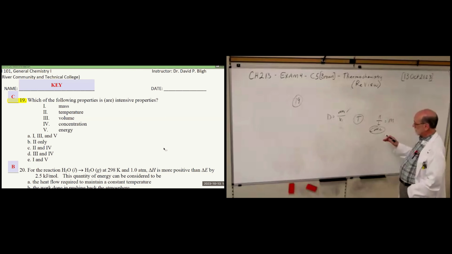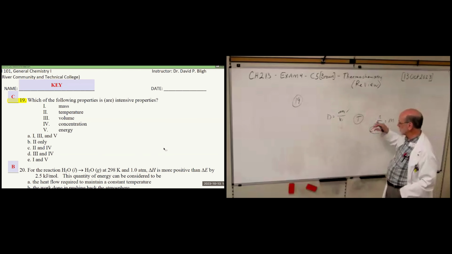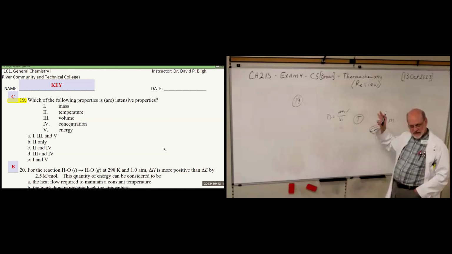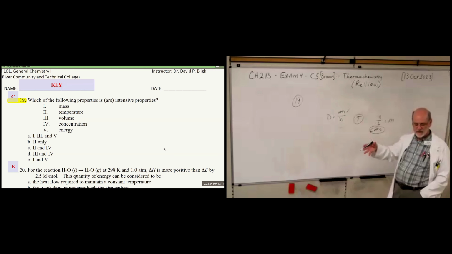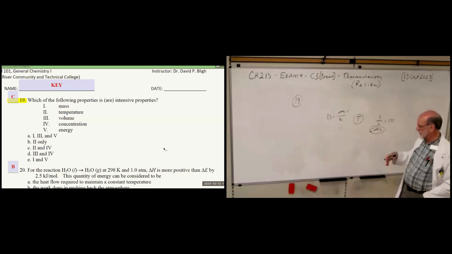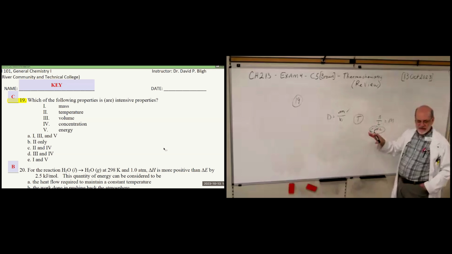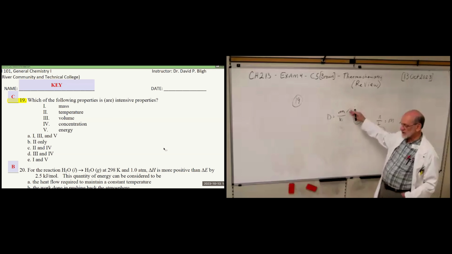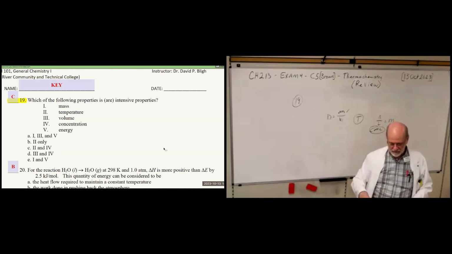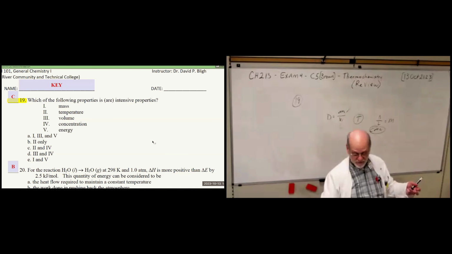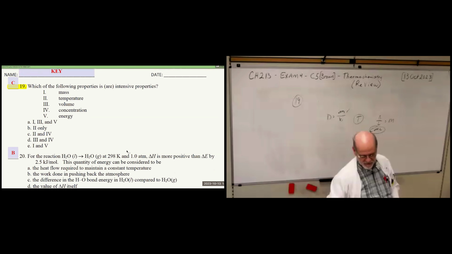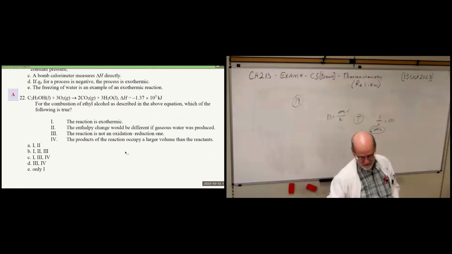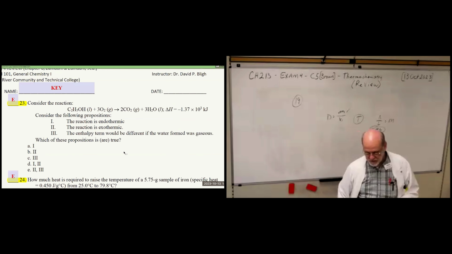And temperature is kind of strange because it's a single value that is an intensive property. It's a measure of the average kinetic energy of all particles in your stuff. But most of the other intensive properties are ratios, something to something. Oh, so the answer is Roman numeral 2 and 4, C. Those are the only intensive properties in that list. About 23.